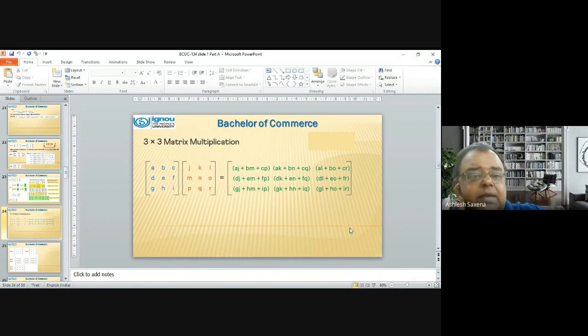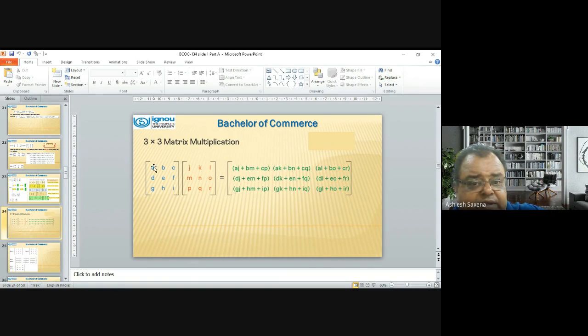A into K plus B into N plus C into Q. And your third one will be C13: A into L plus B into O plus C into R. Similarly, we will be doing D into J plus E into M plus F into P. In other words, we can say that all these elements will be multiplied by all these elements and they will be added up. Here you can see these three elements are multiplied respectively by these three elements and we are going to get a number.